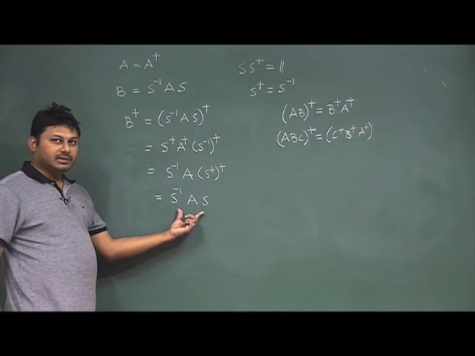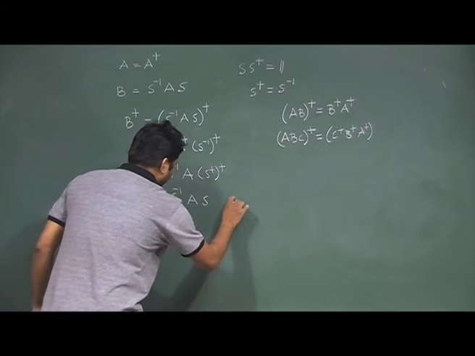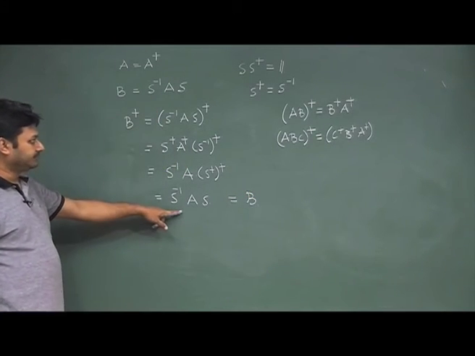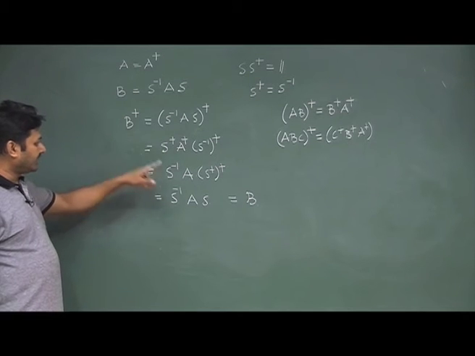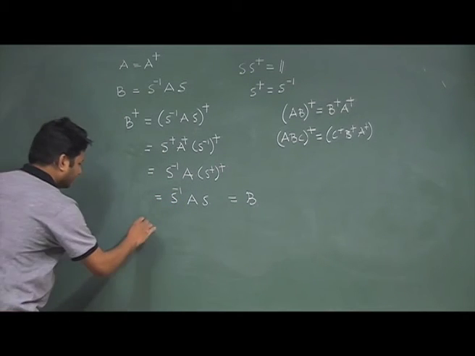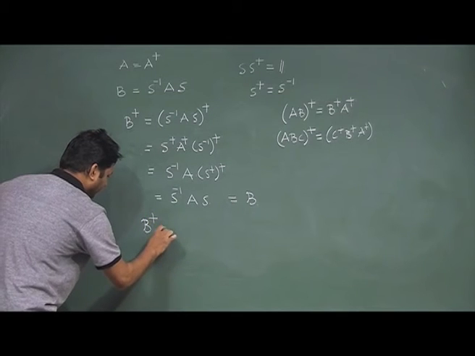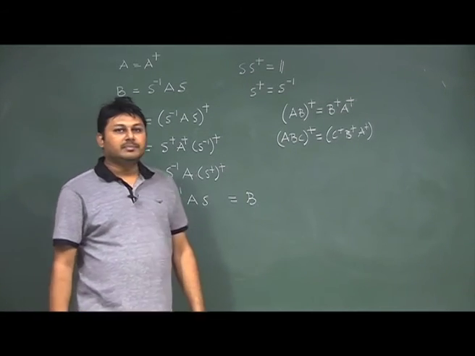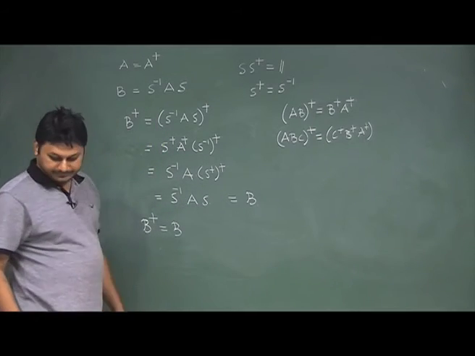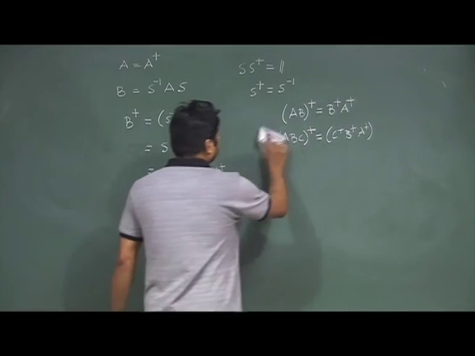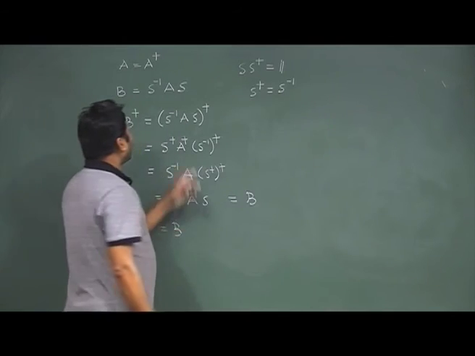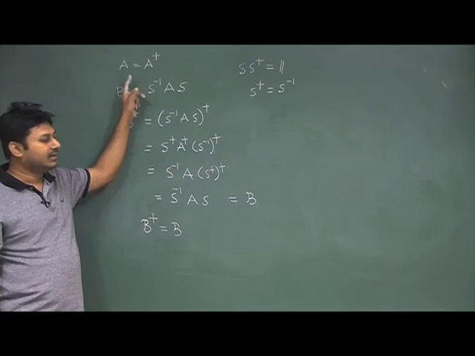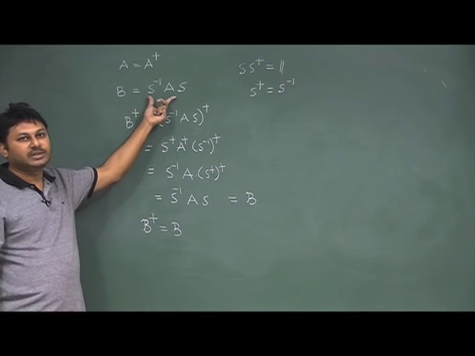This thing is nothing but B, because this is B. So, that means B dagger is equal to B. So, what is the meaning of that? The meaning is, if I have a Hermitian matrix in one coordinate system under one basis, I make a basis transformation.